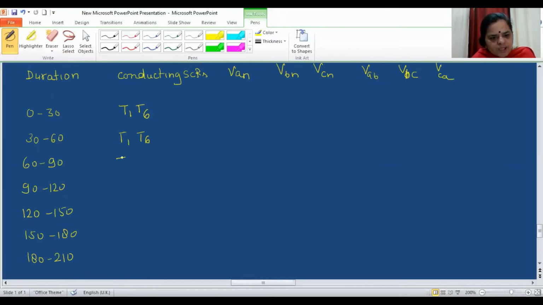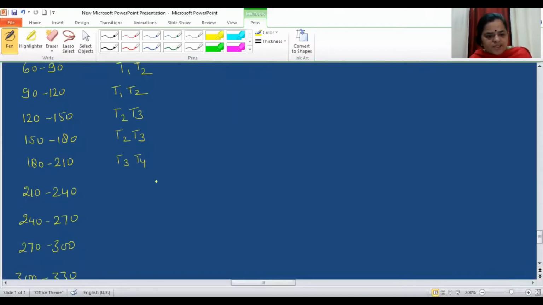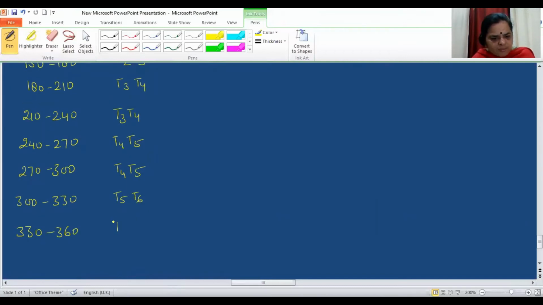So 60 to 90 will be T1, T2, T1, T2, then T2, T3, then T2, T3, then T3, T4. If you see the conduction diagram, we will get this kind of conducting SCR sequence. So again T3, T4, then T4, T5, again T4, T5, then T5, T6, and at last T5, T6.